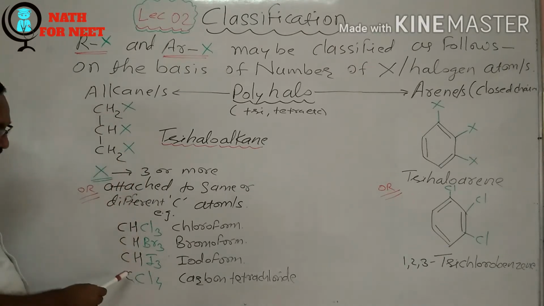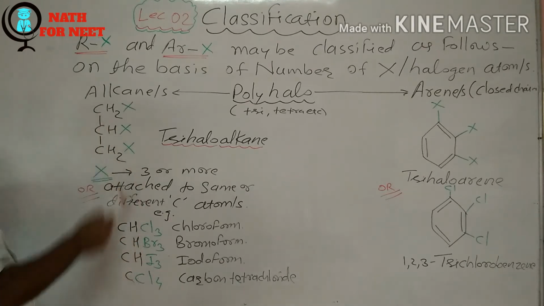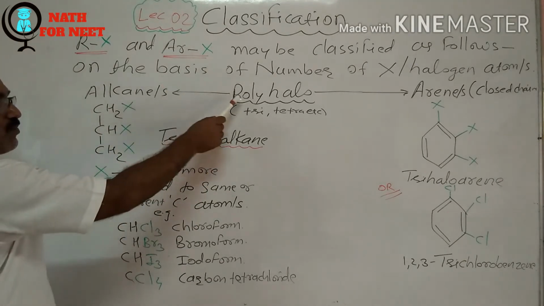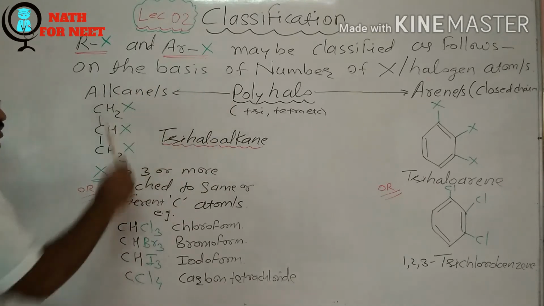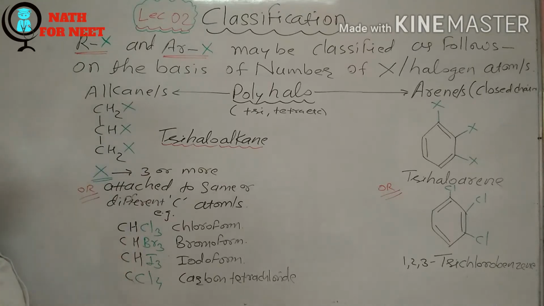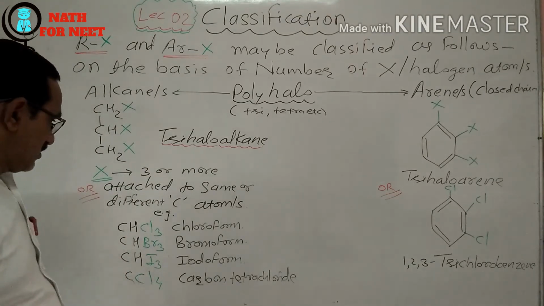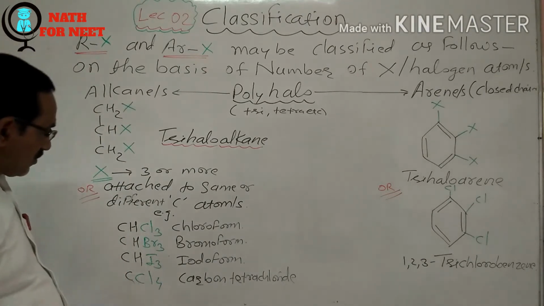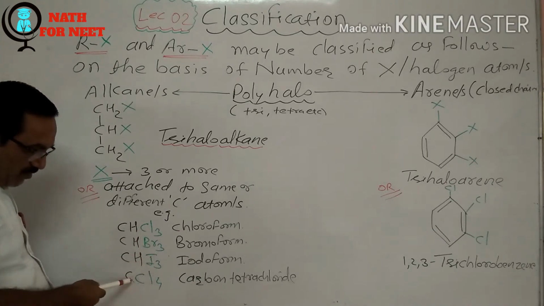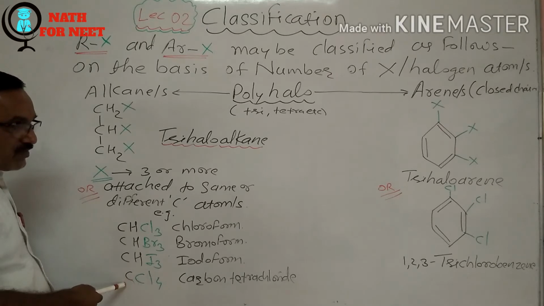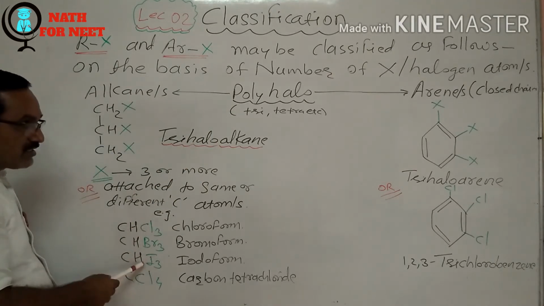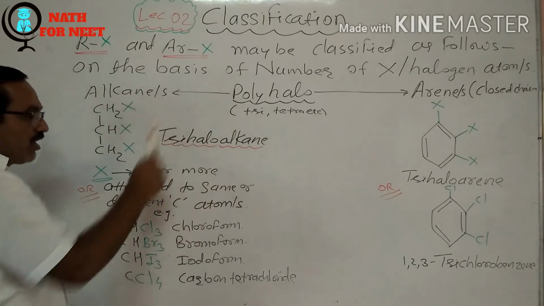Such types of compounds are referred to as polyhaloalkanes. They belong to the haloalkanes. Then next, see here. This is chloroform, this is bromoform, this is iodoform, and this is carbon tetrachloride. That means the tetra form of polyhaloalkane, and these 3 represent the tri forms of the polyhaloalkanes.